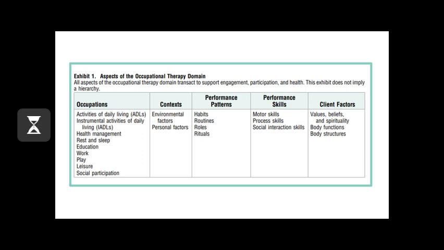engage in their occupations. I'm turning the page because on page 40 is where they start to list the personal factors. I, for clarity, am not going to be testing you on these areas, but this is foundational. You should have an idea of what environmental factors are, what are personal factors.